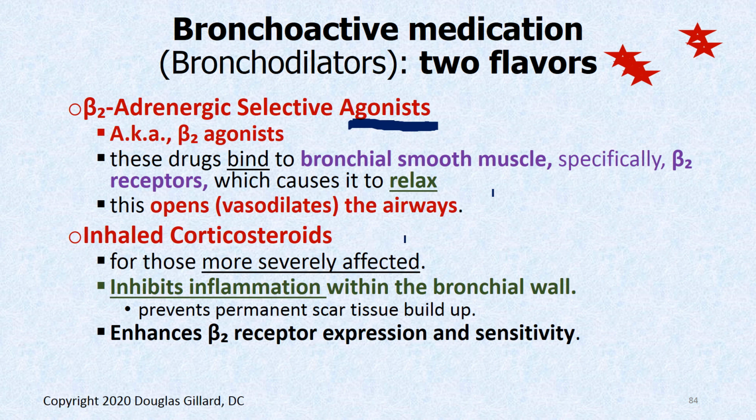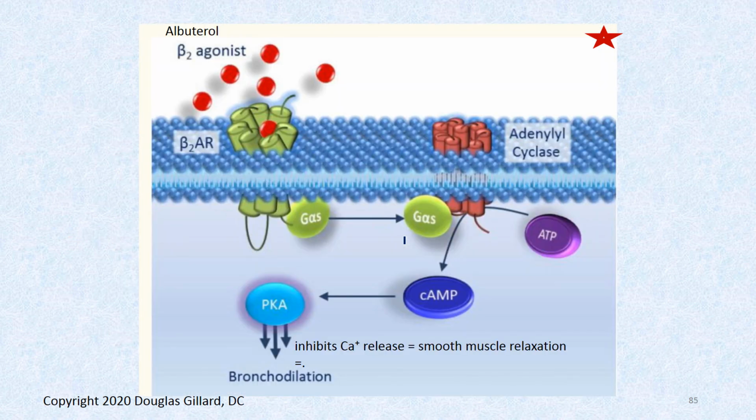Inhaled corticosteroids are for people with more severe asthma. If you have asthma all the time, you're going to have inflammation all the time, and it can start damaging the lung tissue. So you have to fight that with the chronic use of a corticosteroid, to break that inflammation so it doesn't wreck your lung tissue.